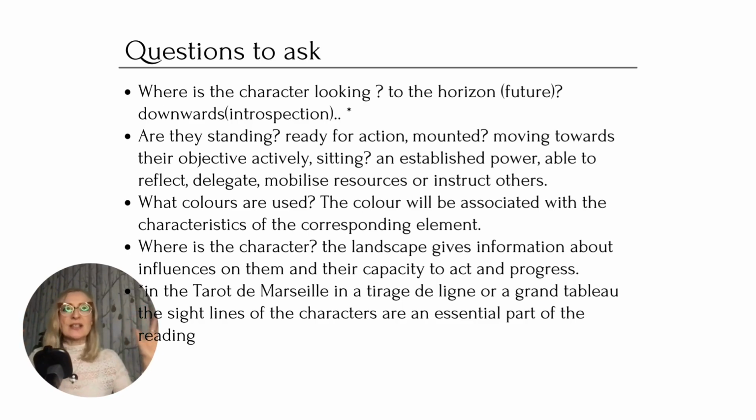They actually just put the cards in a line, which is called a tirage de ligne, or in what they call a grand tableau, where there may be 9 or 12 cards that are just sort of posted there, and then they look at the picture that that makes. So you create one big picture, a bit like a jigsaw, with the different cards. And the sight lines of the character are an essential part of the reading. I'm just going to show you what I mean.